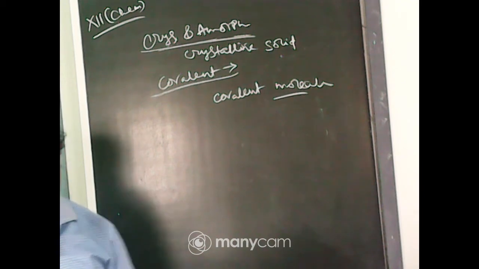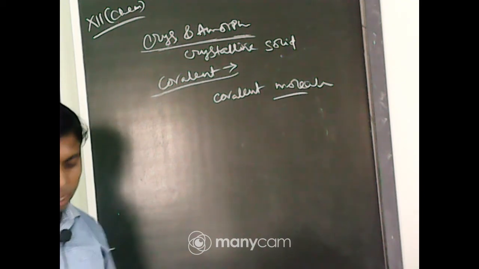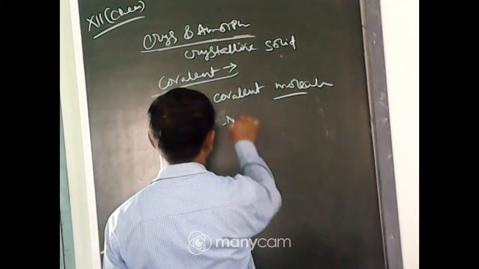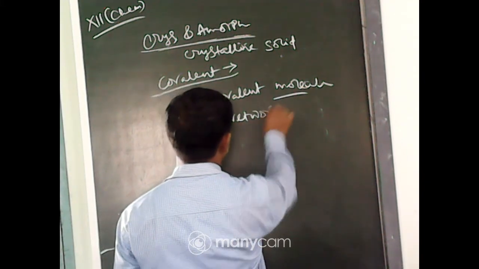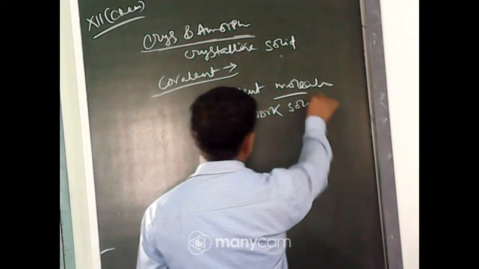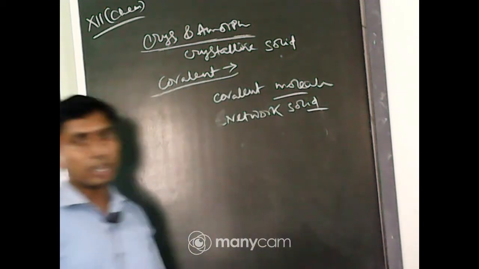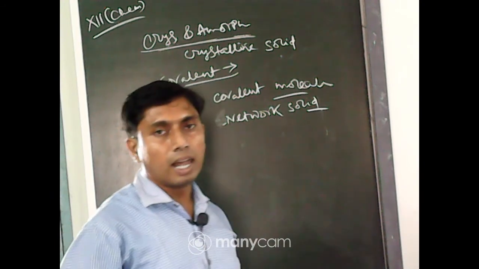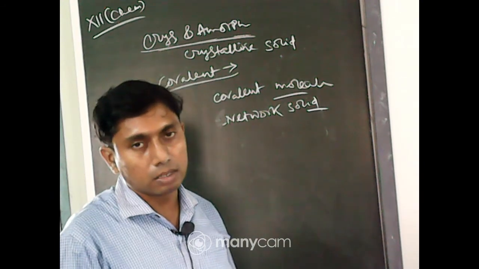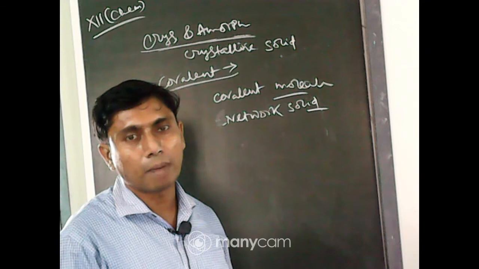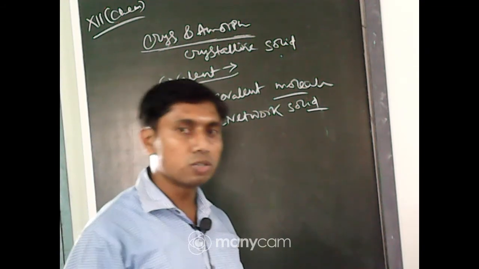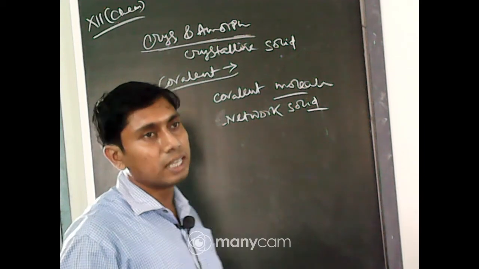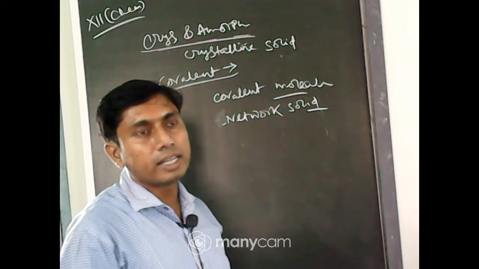They are also called network solids, because in the case of silicon carbide, a large polyhedron is formed. In the case of Buckminsterfullerene, it is also a compound of carbon, but here covalent bonding is there, which ultimately forms a giant molecule.